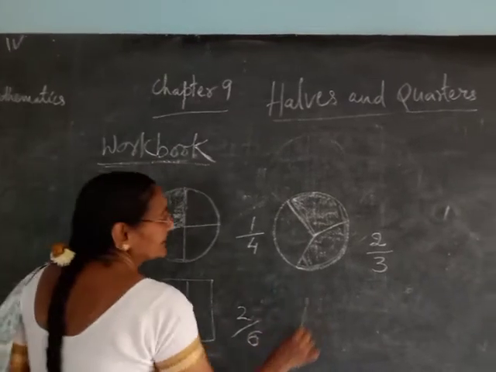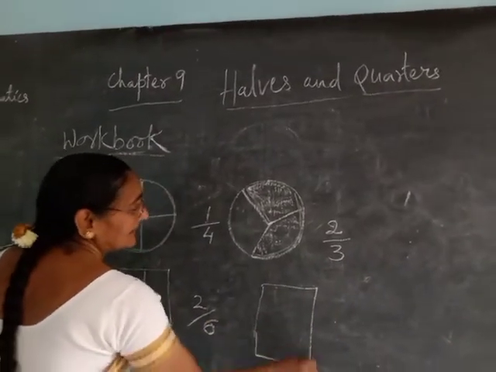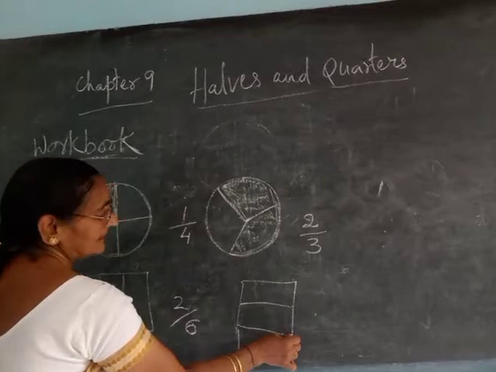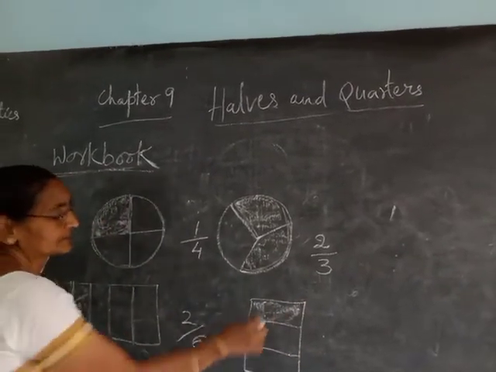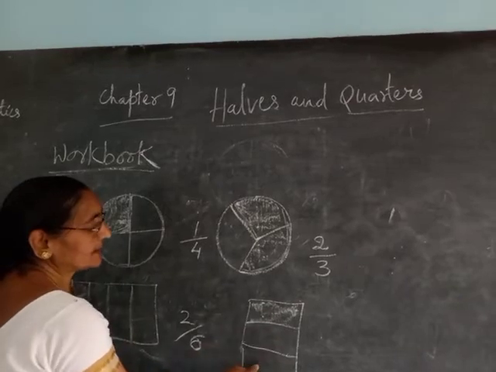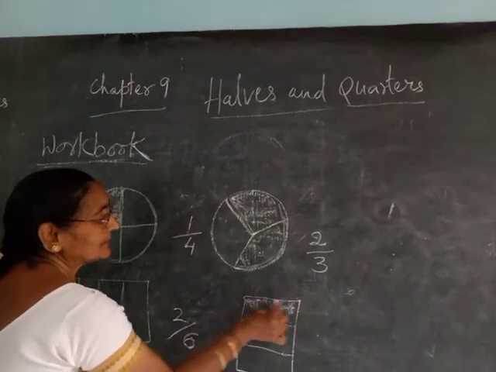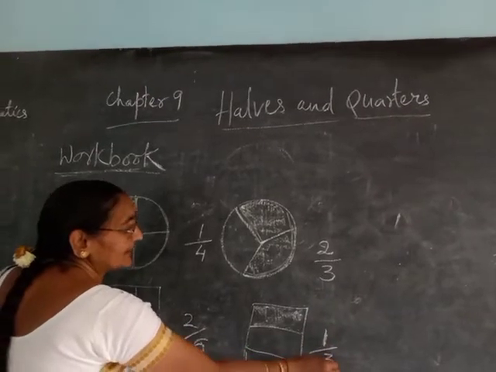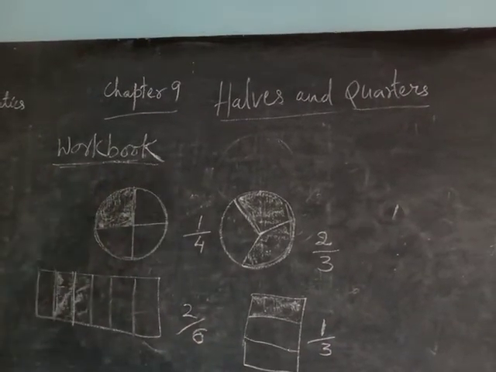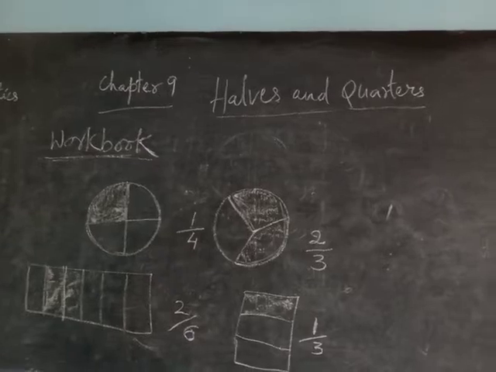Like that you have to write. Then this figure is divided into 3 equal parts and only 1 part is shaded. Then how will we write? 1 part is shaded out of 3 parts. Like that way, we have to show the shaded portion.